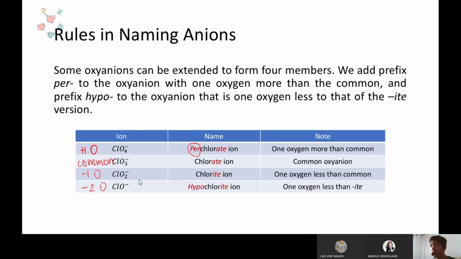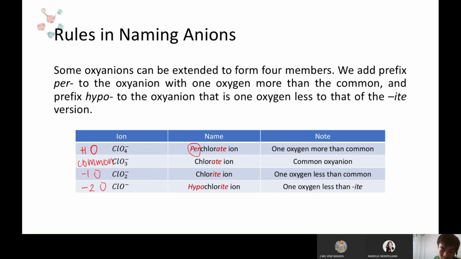And, keep in mind, paano naman kapag 2 oxygens less than the common or 1 oxygen less than the chlorite? O kaya 2 oxygens less than the common. So, meaning depende lang sa reference point.